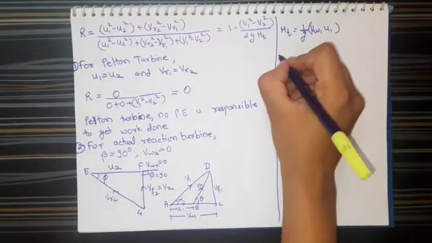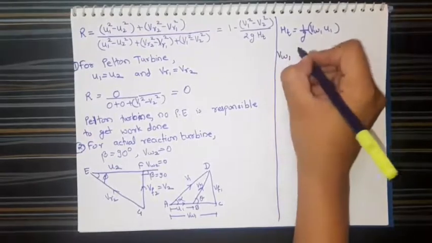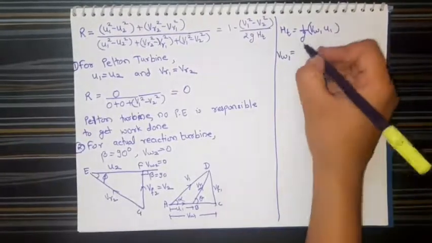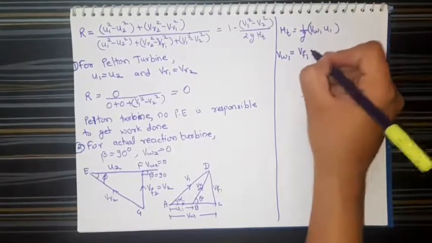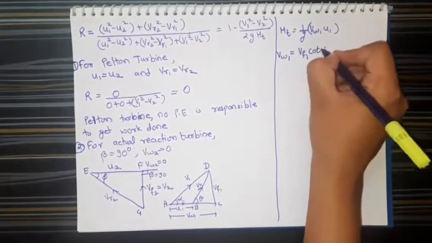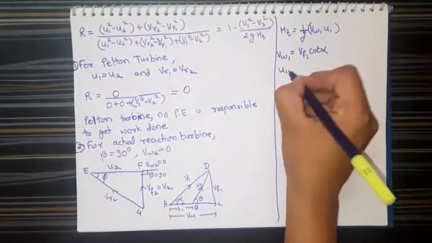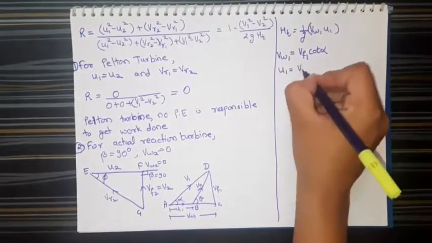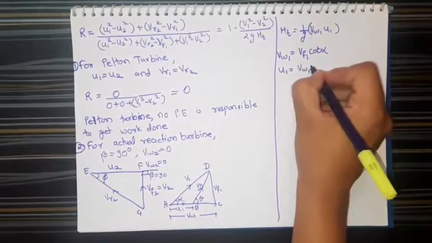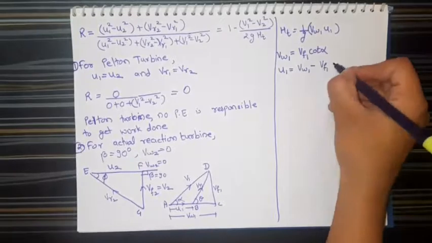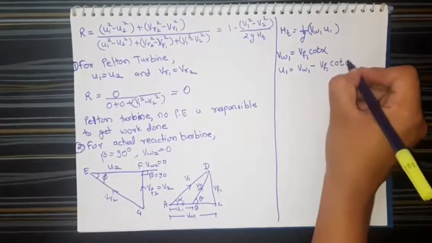Now we can write this VW1 is equal to VF1 cot of alpha. Also we can write U1 is equal to VW1 minus VF1 cot of theta.